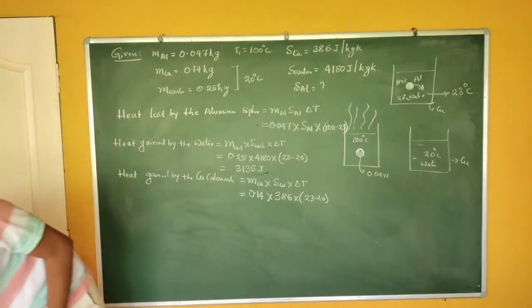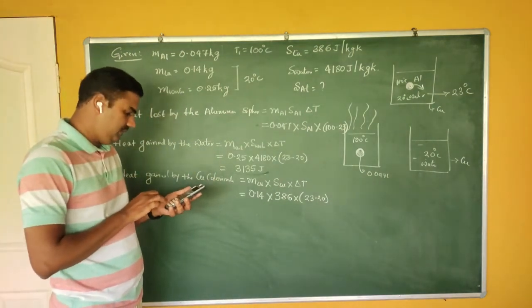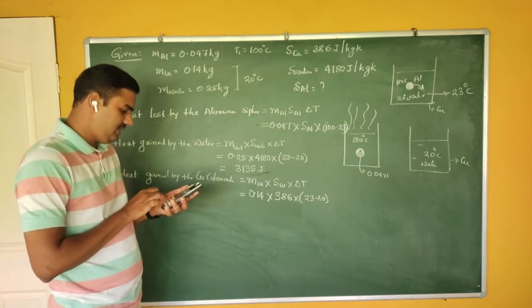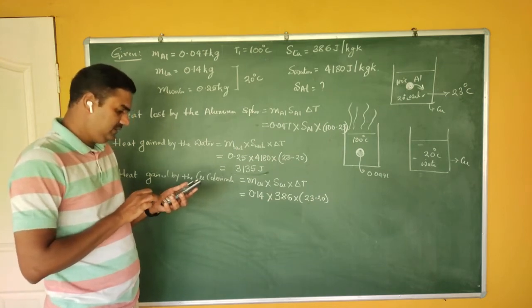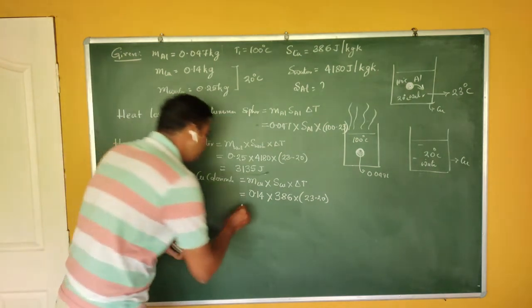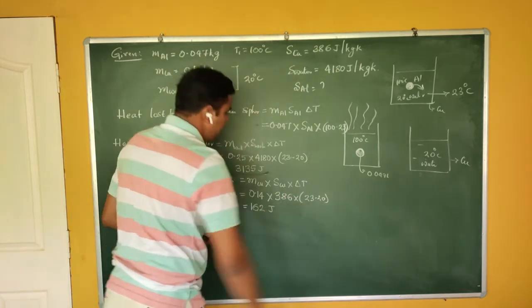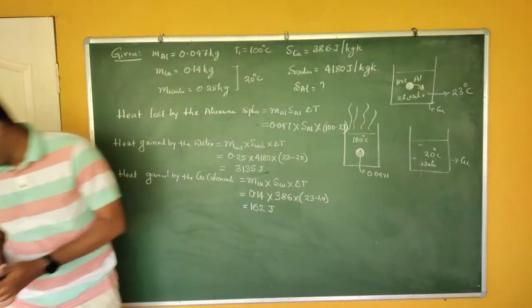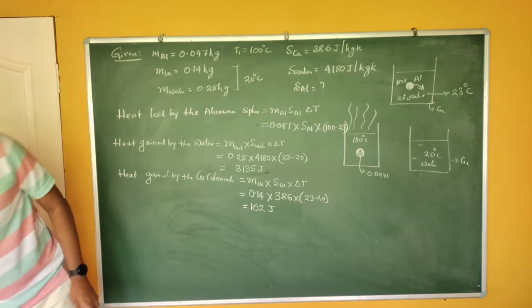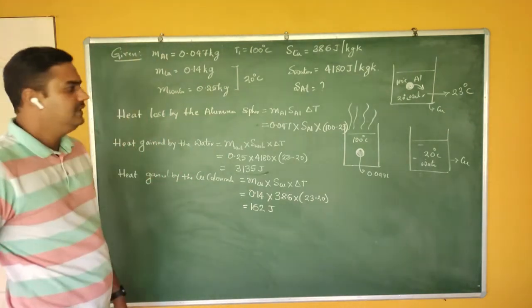If you calculate this, 0.14 into 386 multiplied by 3 gives me 162.12. Approximately I can write it as 162 joules.